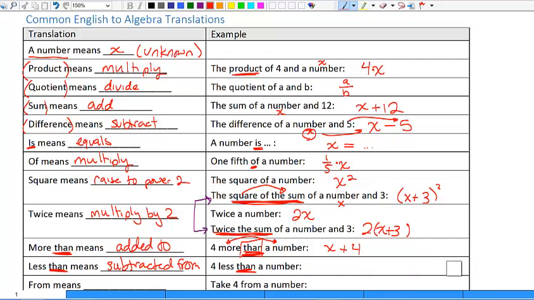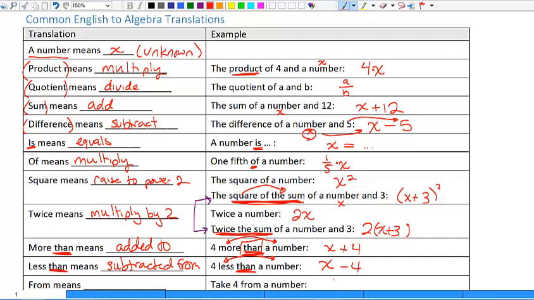If I say I'm 4 less than a 20-year-old, then you take 20 less 4. But do you hear the words that came out of my mouth first? I said I am 4 less than the 20-year-old. Do you hear how the 4 came out of my mouth first before the 20 came out? So even though 4 came out of my mouth first before 20, we actually take 20 minus 4, right? Anytime you hear that word than, it switches the order of what was said when you're writing it in algebra. 4 less than a number is really x less 4.